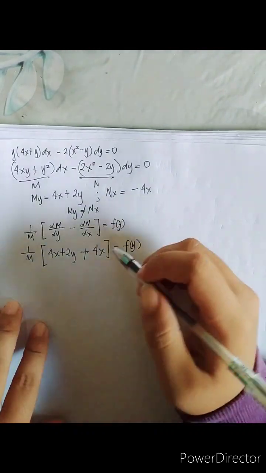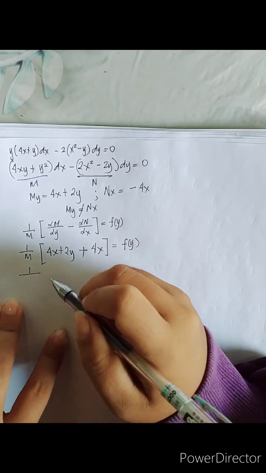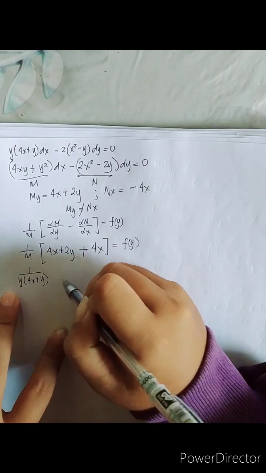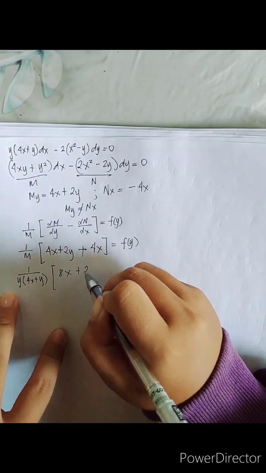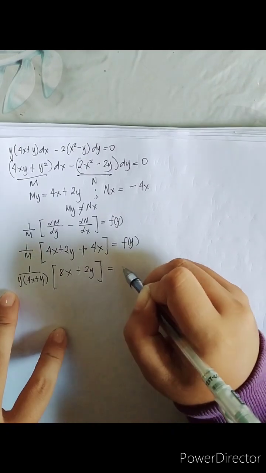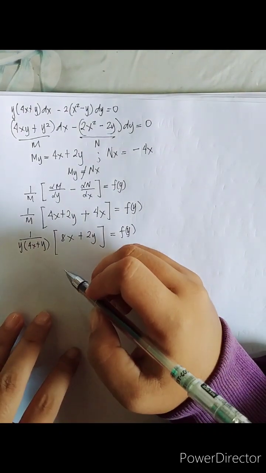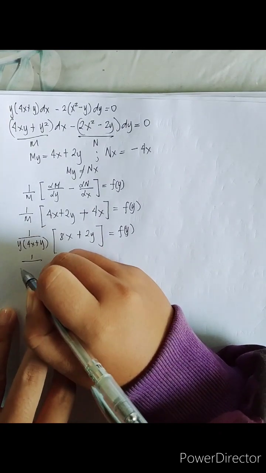Then combine like terms. 1 over y times (4x plus y)... then 8x plus 2y equals f of y. Then factor out 2 to make the term simple.